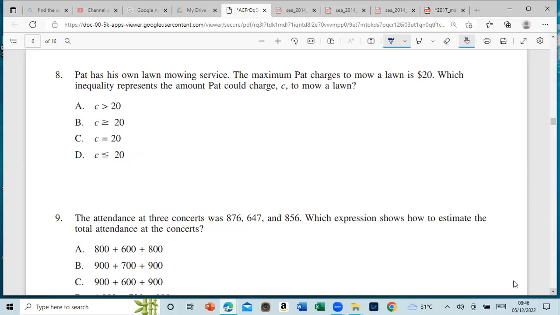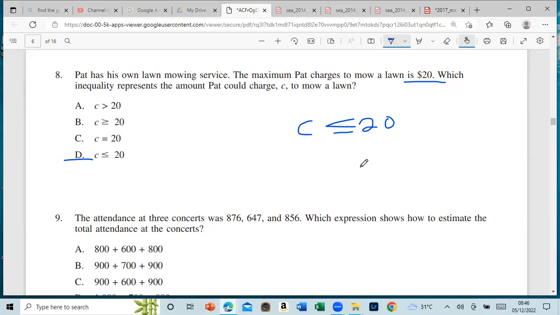Alright, so because it's the maximum, it can't pass 20. So that's the limit. It can be less than or equal to 20, but it cannot be more. So that would be T. And this is what we call an inequality. A lot of persons actually struggle with these.